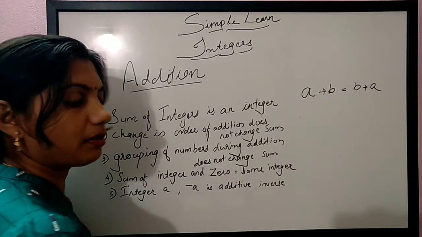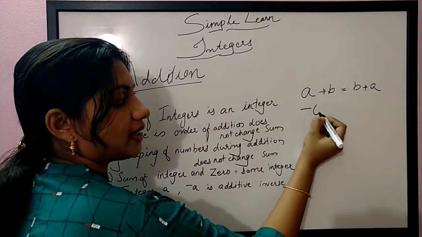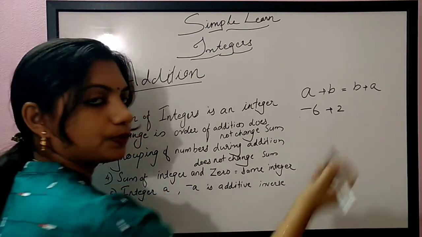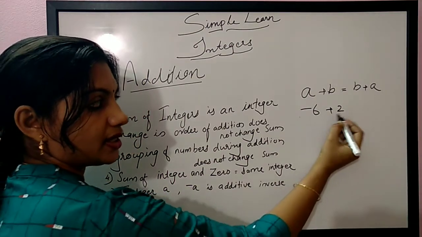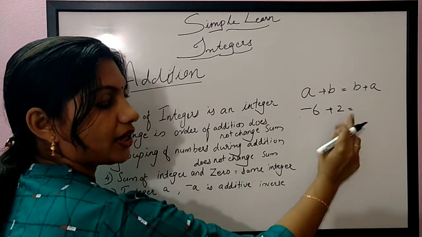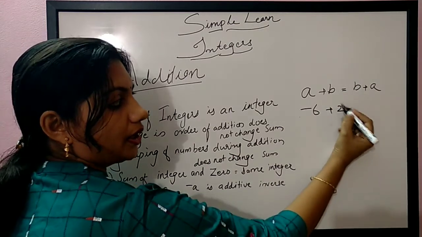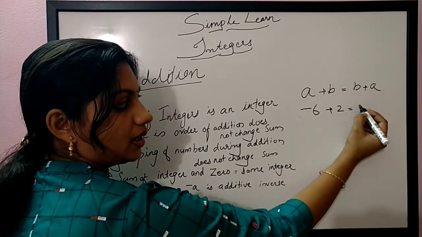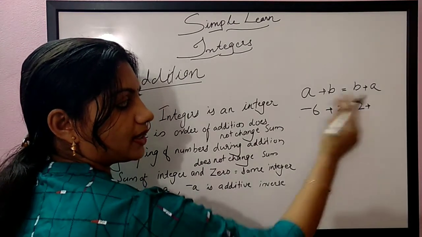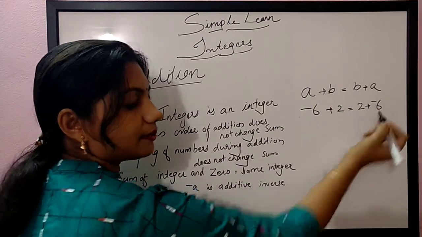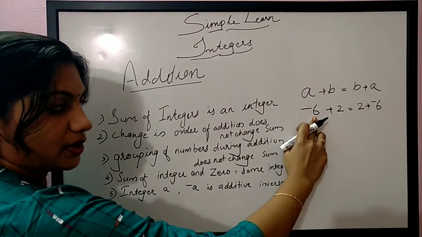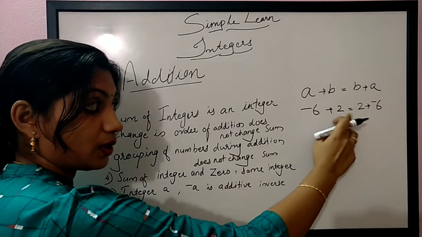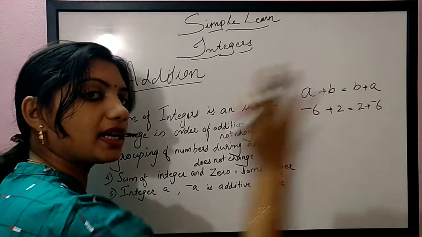So the previous example which I showed you, -6 plus 2, is equal to, I change this order. Now here B is 2 plus A is -6. -6 plus 2 is equal to 2 plus -6.